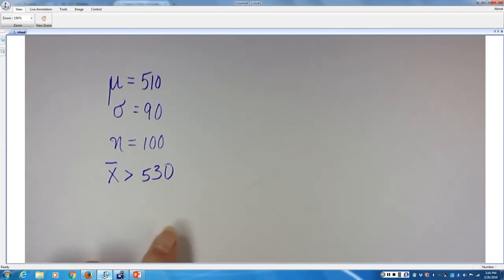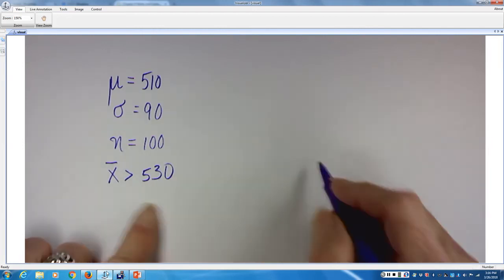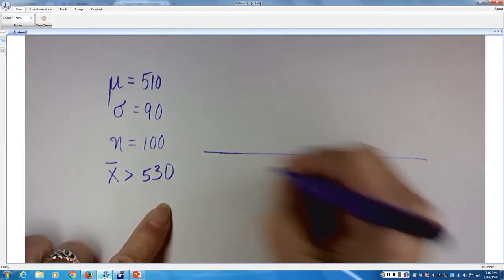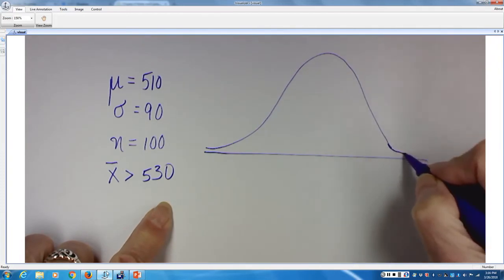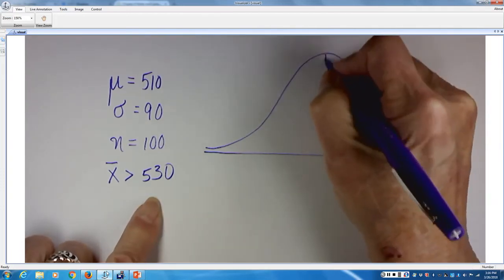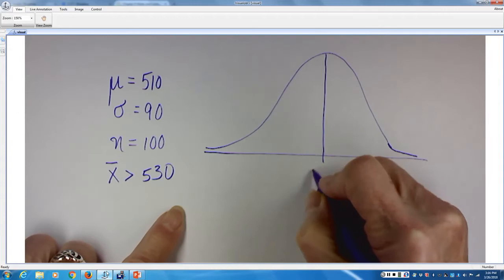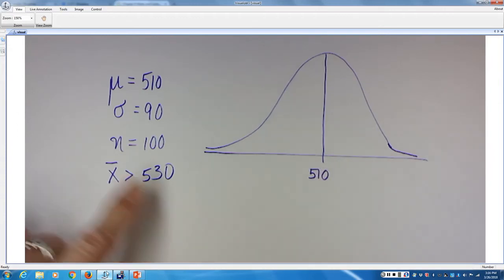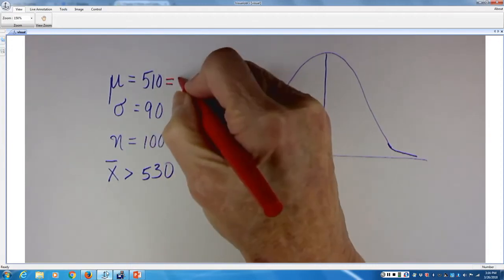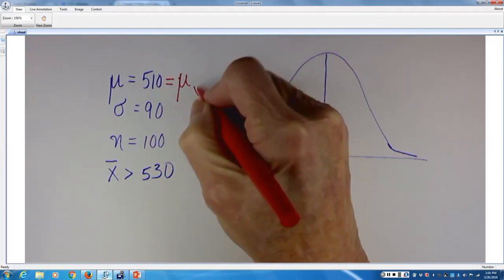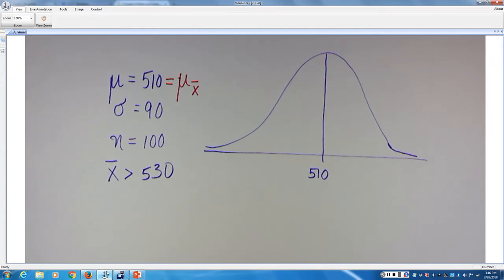And just to give you a quick review of Chapter 6, what that means is that this is going to be a normal distribution. And that the mean of this normal distribution is going to be 510, because the mean of the population can be assumed to be the same as the mean of all the samples of size 100.